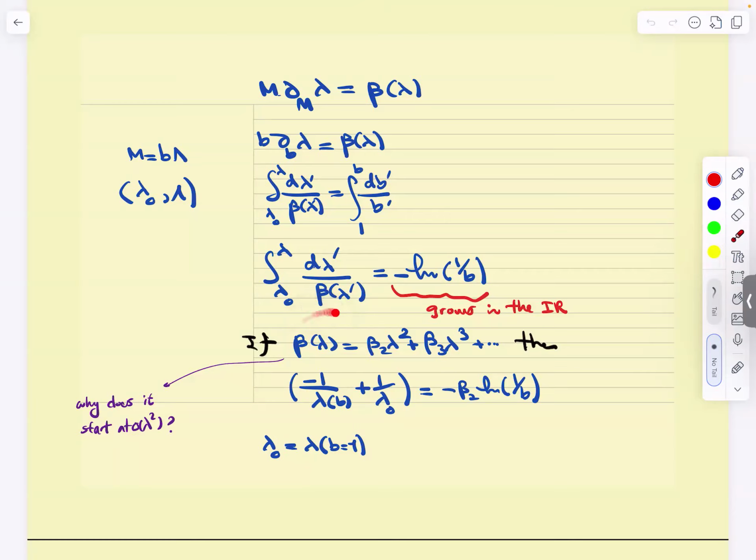So beta expanded in the following way: β₂λ² plus β₃λ³ plus blah blah blah, right? Why do I not include a λ term? Why do I start at λ²?